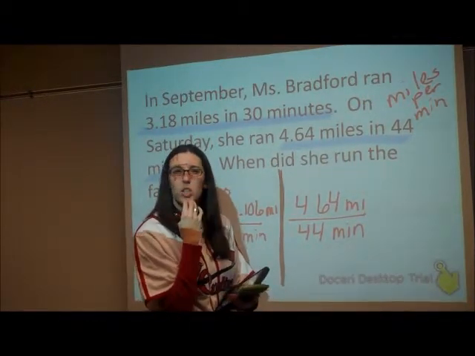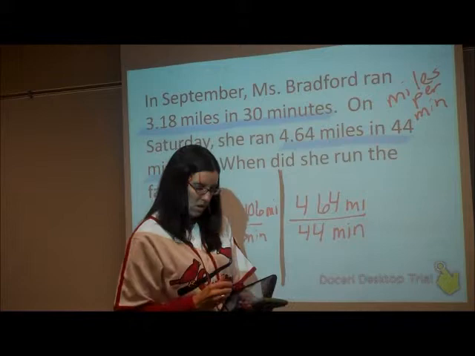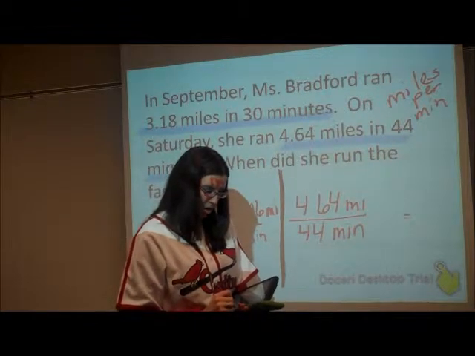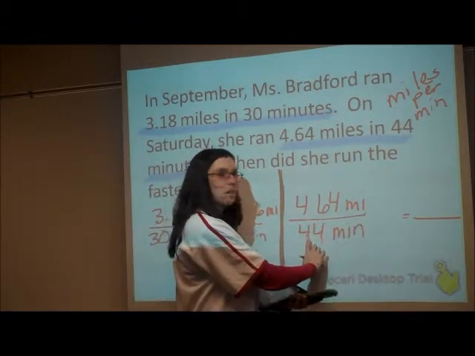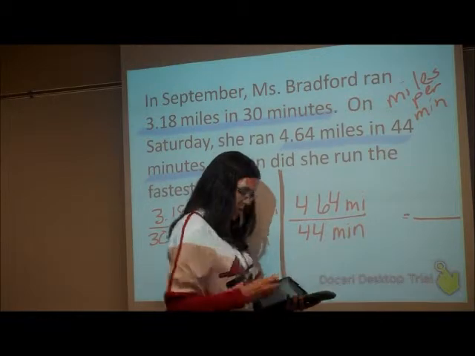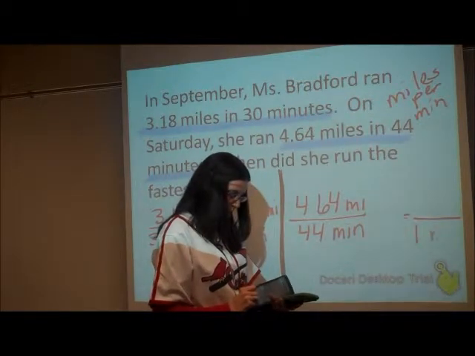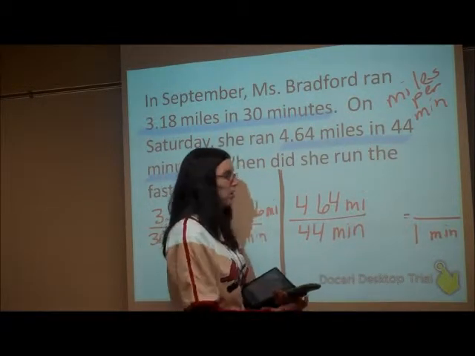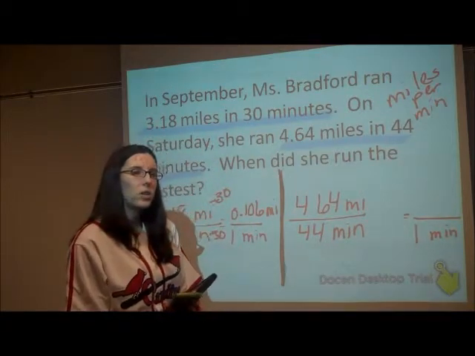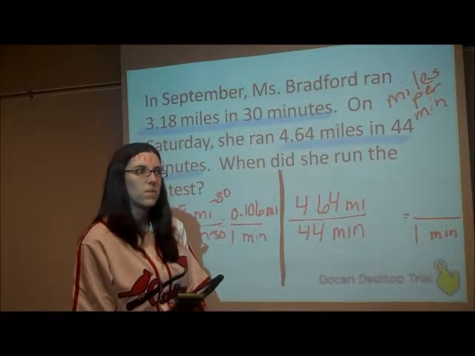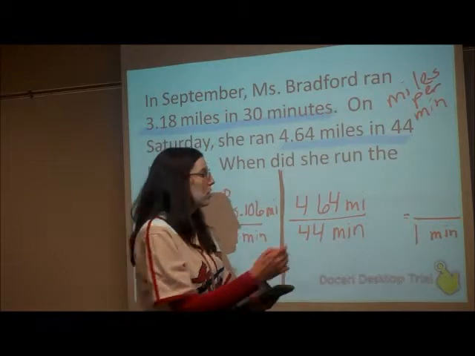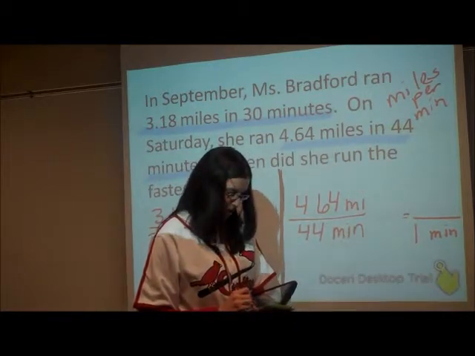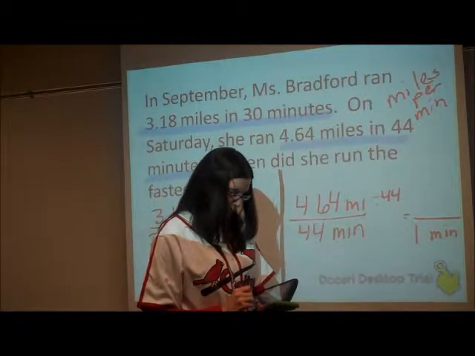So think about what we're changing. If it's a unit rate, we want our denominator, our minutes, to be 1. So I'm going to go ahead and write that. How do we do that? We divide numerator and denominator by 44.